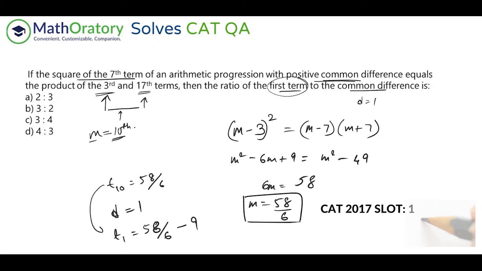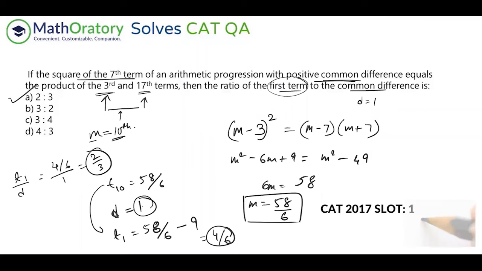Now this is (58 minus 54) by 6, so that is simply 4 by 6. Because I'm dealing with ratios, T1 is 4 by 6 and D is 1, so straight away T1 is the answer. But anyhow, because it's a ratio, you can divide if you want. So 4 by 6 divided by 1 is 2 by 3, or the answer is 2 is to 3.